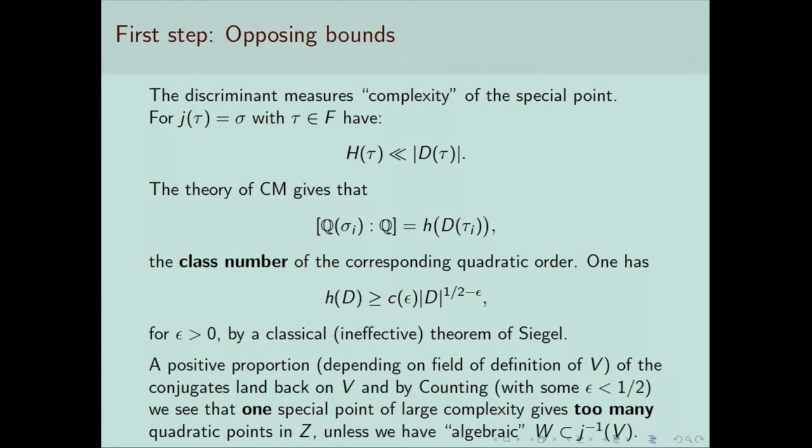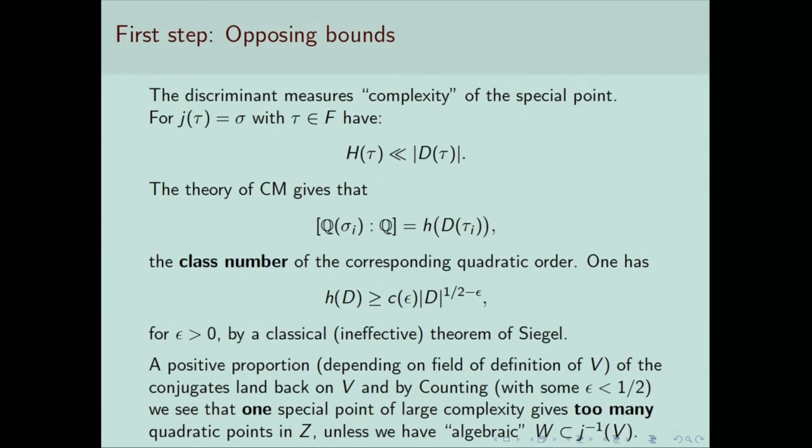So again, as soon as the discriminant is large enough, you apply the counting theorem with some epsilon. Well, if you like, you choose this epsilon to be whatever you like, and then you choose the other epsilon in the counting theorem to be something smaller than a half minus that.